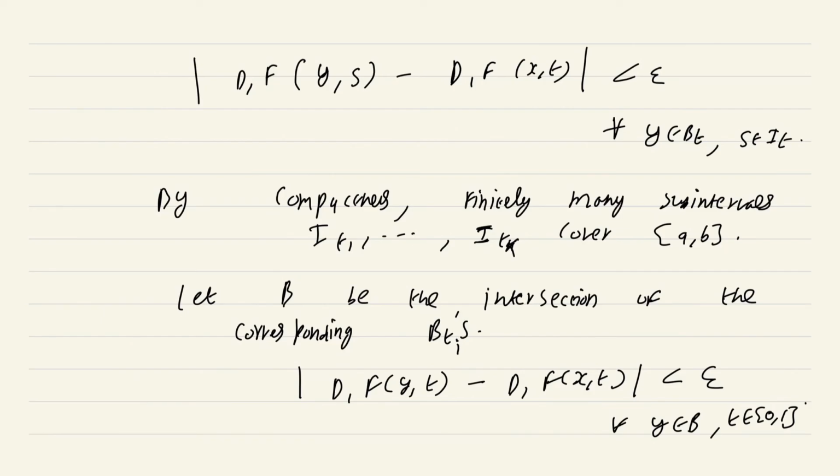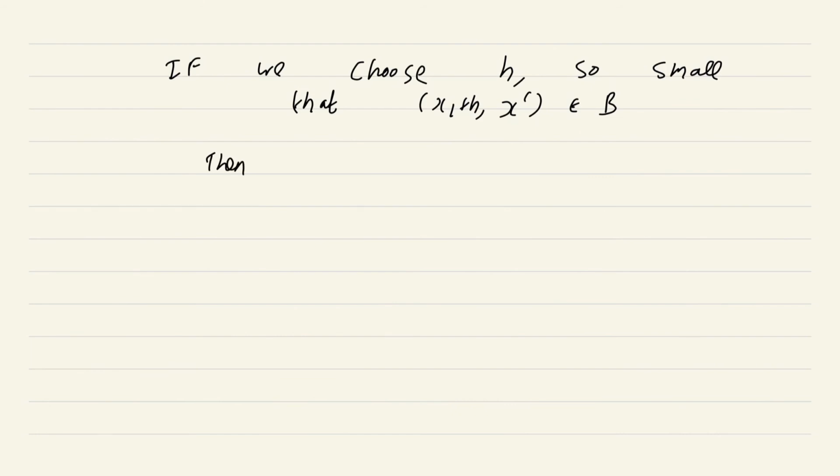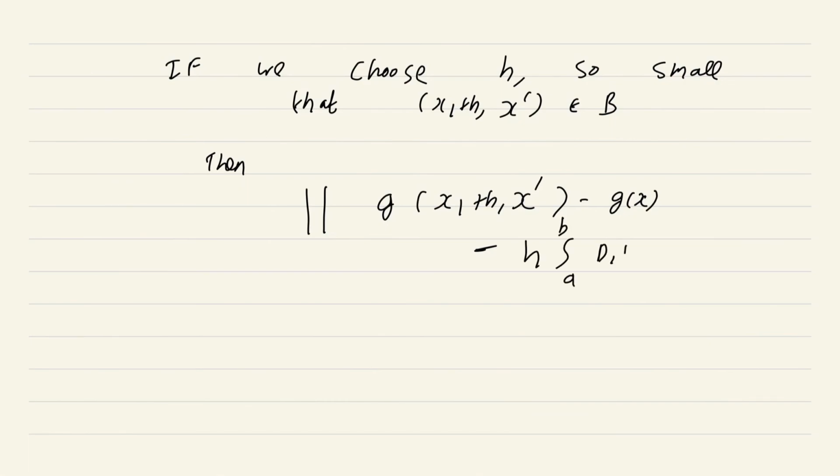What this allows us to do is, if we choose h so small that (x1 plus h, x prime) is always in P, then we get that the modulus of g of (x1 plus h, x prime) minus g of x minus h times the integral from a to b of d1 of f of (x, t) dt, this whole thing, it's not norm, it's just modulus, is less than or equal to epsilon times h times (b minus a).